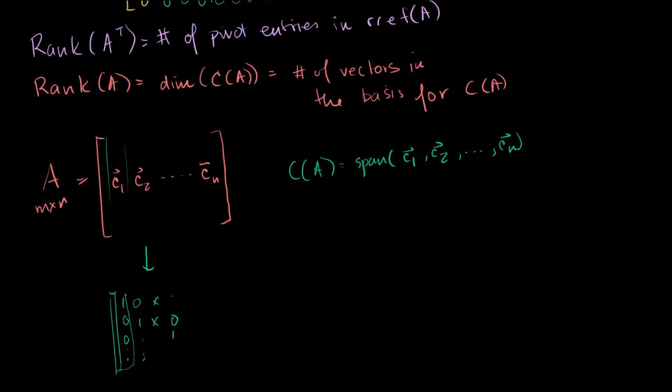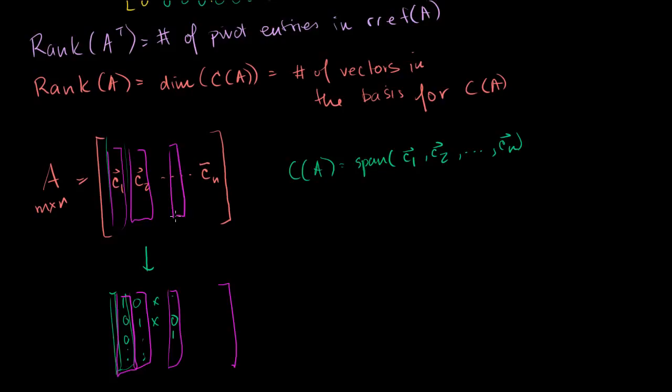Let me do them in another color right here. When you put A into reduced row echelon form, we learned that the columns that form a basis for your column space are the columns that correspond to the pivot columns. So the first column here is a pivot column, so this could be a basis vector. The second column is, so this could be a basis vector. And maybe the fourth one right here, so this could be a basis vector.